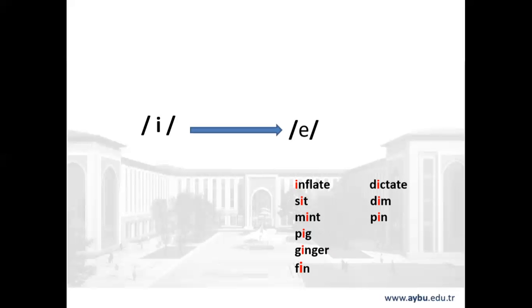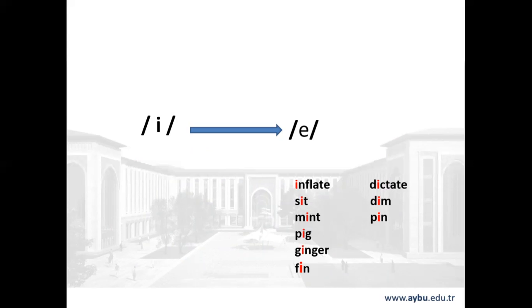Let's take a look at how this letter is pronounced in the vocabulary that can be seen here. E, E, inflate, sit, mint, pig, ginger, thin, dictate, dim, pin.